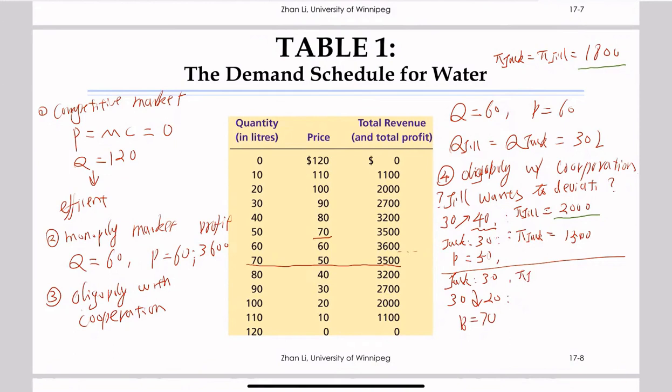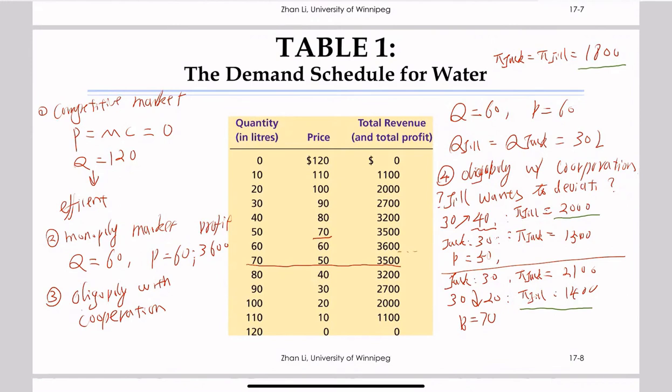In this case, Jack's profit would be 2100, and Jill's profit would be only 1400. So if you compare these numbers, you can see that Jill will not want to reduce her output level, right?